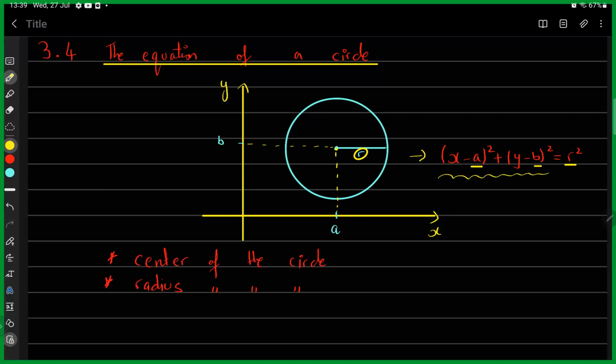So first of all, you'll do some extra steps. You'll make that equation look like this one. And then the question would be about finding out the center or the radius of the circle and stuff like that. Okay. For now, just know this is how we write down the equation of a circle. And here comes the x coordinate of the center. Here comes the y coordinate of the center. And this is the radius.